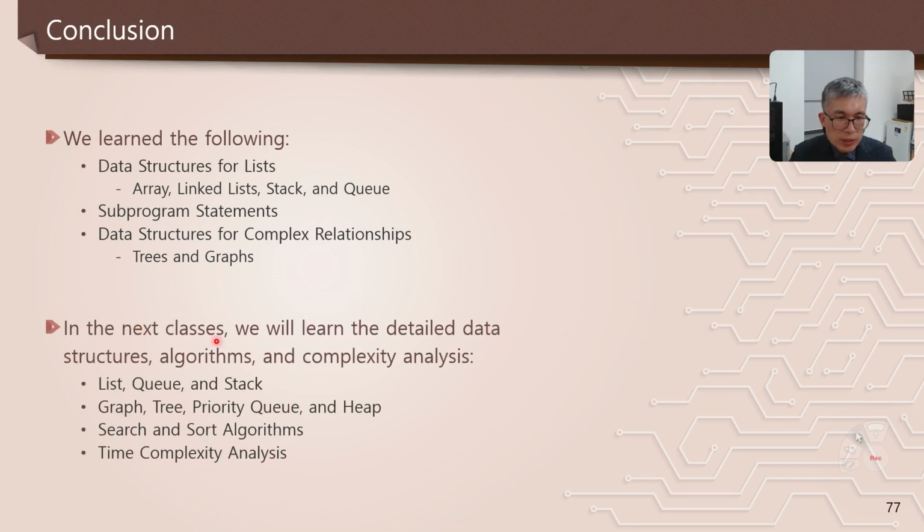In the next classes, we'll learn the detailed data structures, algorithms, and complexity analysis, such as linked list, queue, and stack. Complex data structures, including graph, tree, priority queue, and heap, and simple algorithms: searching and sorting algorithms. Finally, we'll study time complexity analysis.